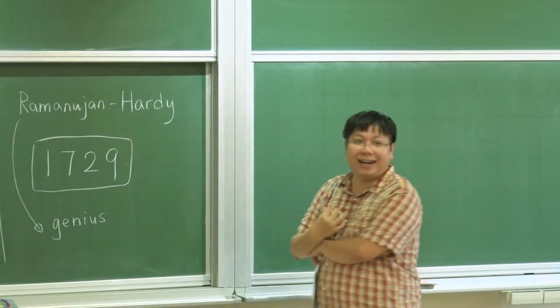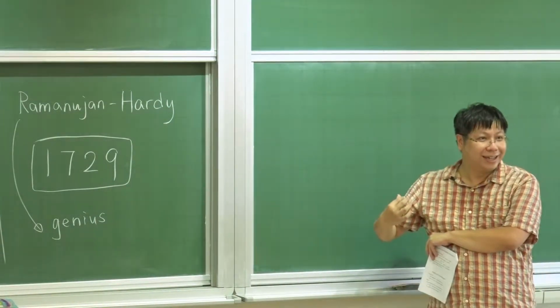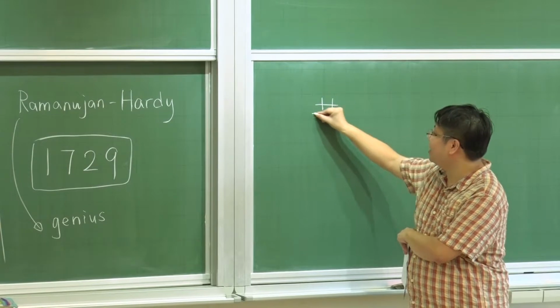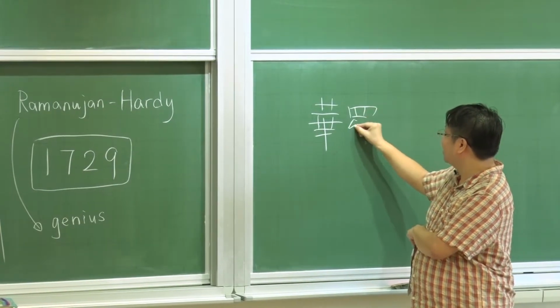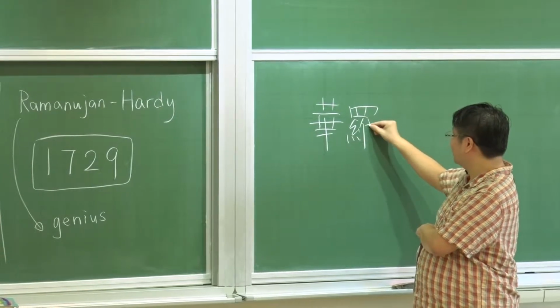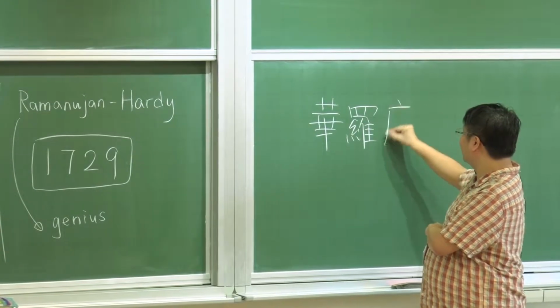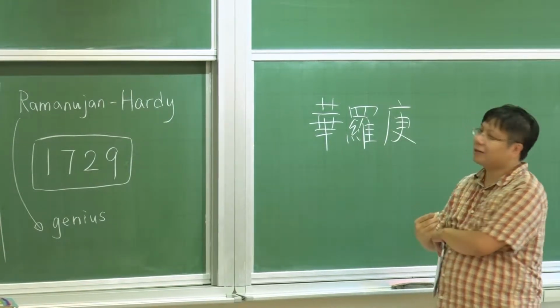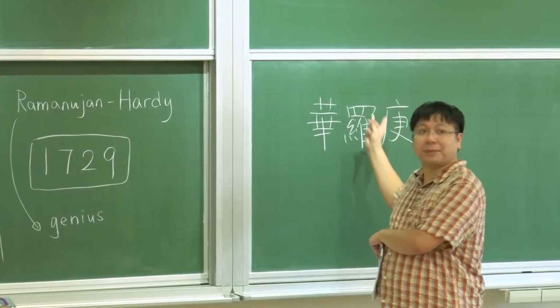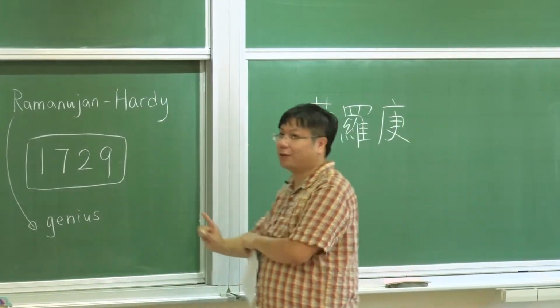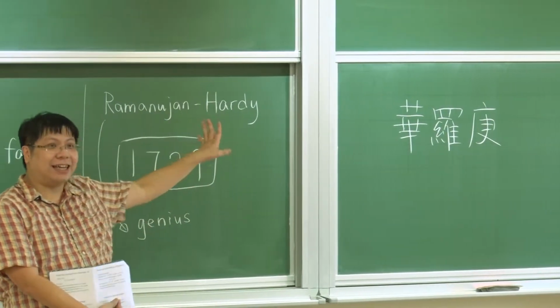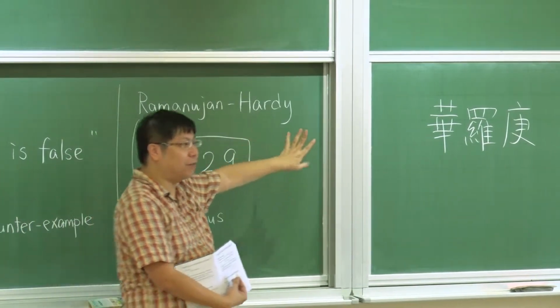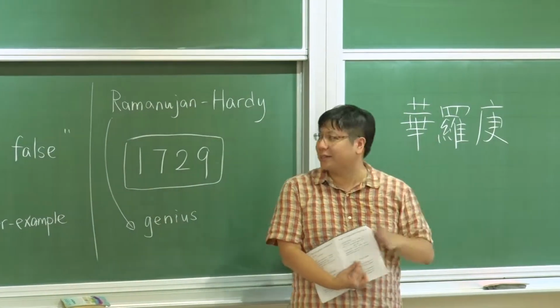Okay, Hua Luogeng. So he became a professor at Tsinghua University, and then he died when he was at a conference in Japan. So he died overseas.